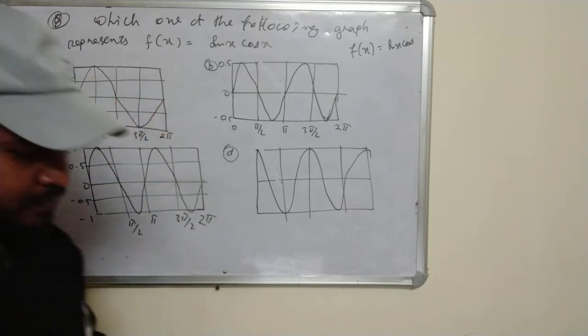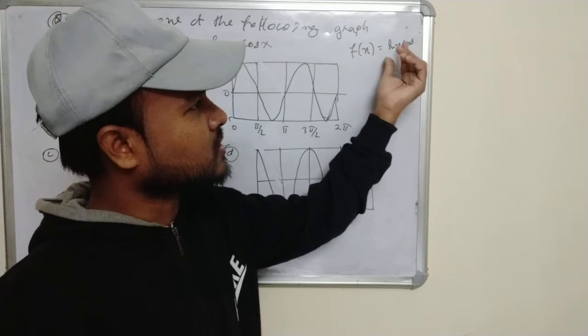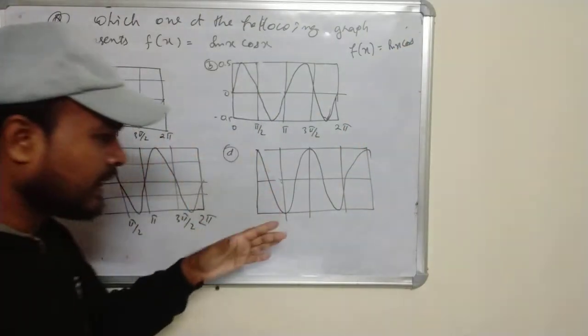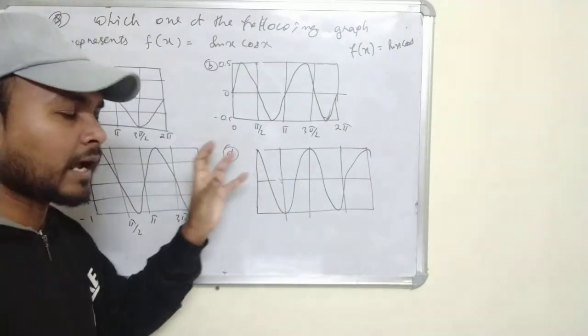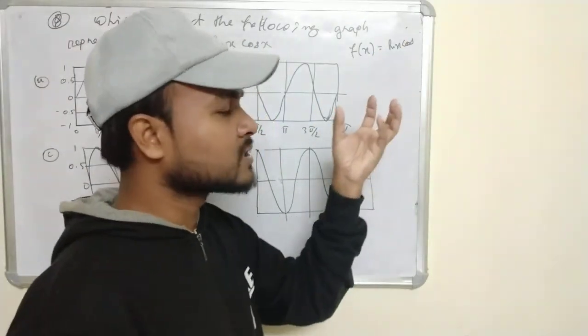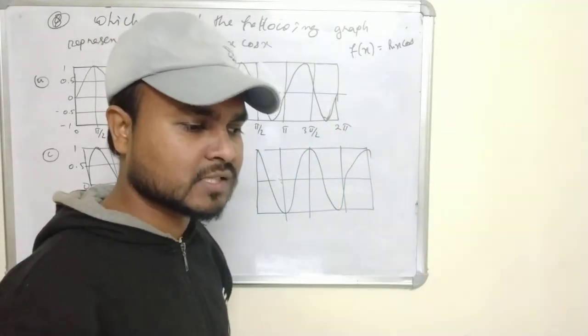The function is a product of cos x and sin x, but the options are either sin x or cos x. So we have to convert this function into a single sinusoidal function, sin x or cos x.